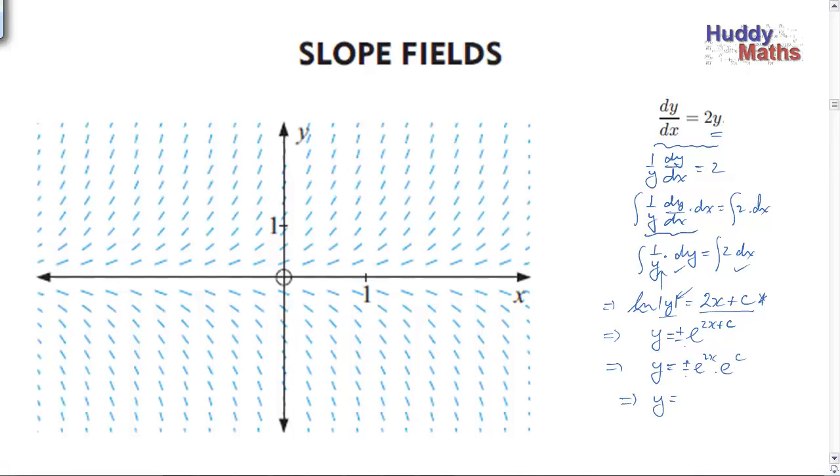So let's put the plus or minus, but this would be a constant, and call it something like a e to the 2x. So the plus or minus e to the c is a constant, a. So here we put a equals plus or minus e to the c. That sort of idea there.